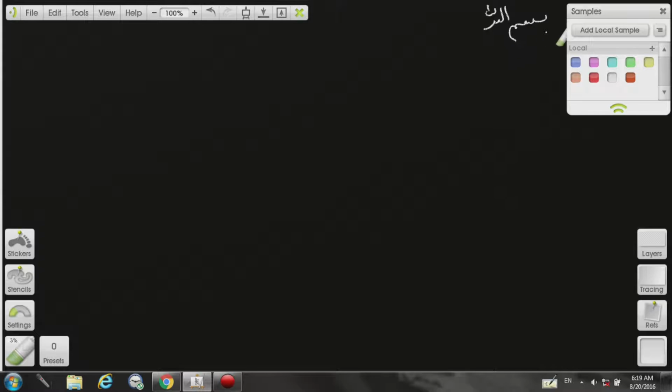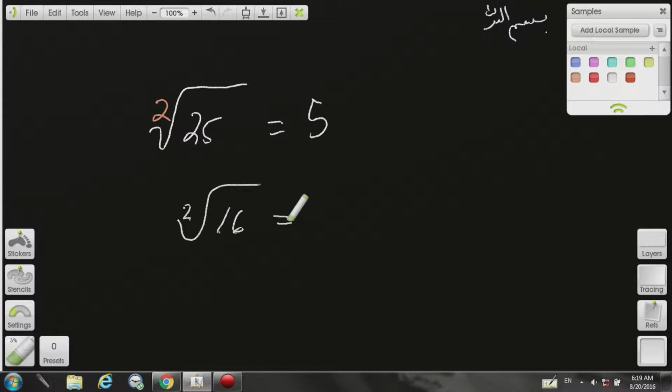Now, that's review. Today I'm going to talk about what it means when you have something like 7 to 1/2. What does that mean? Well, when we say square root of 25, and this is 5, there's a 2 over here that we typically don't write. Square root of 16 is 4.